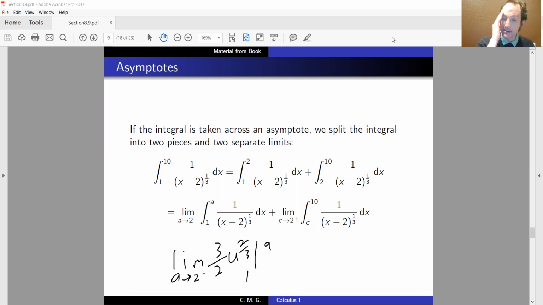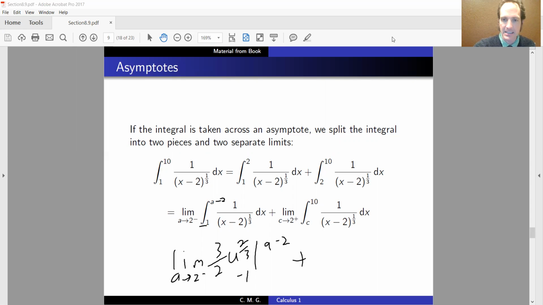And I guess I have to be careful there. That's really 1 minus 2, which is -1, and a minus 2 is the top limit. So this turns into a positive exponent. So it has something in the numerator, and as a goes to 2 from the left, it's going to go towards 0. So this top limit is going to go towards 0. Same with the bottom limit of the other one.